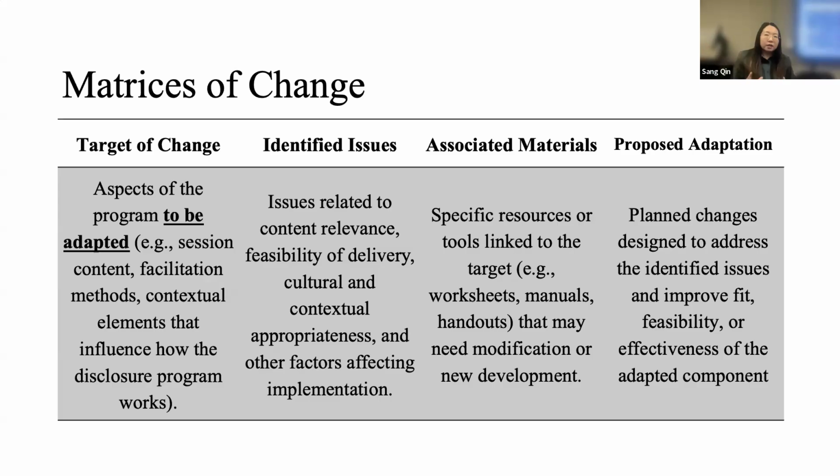Then what are the things we can change? And for those changes, what are the linked materials we need to make specific adaptations to? And for those specific adaptations, who is responsible for which part and for what purpose? So that's a very systematic way for us to make those changes. And eventually we can adapt the intervention to address specific issues.